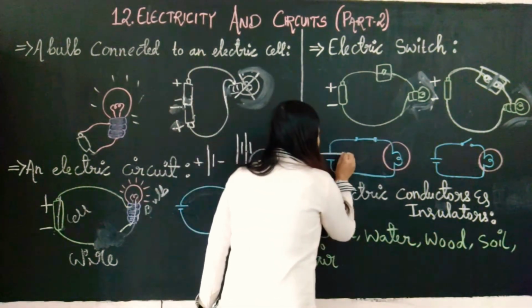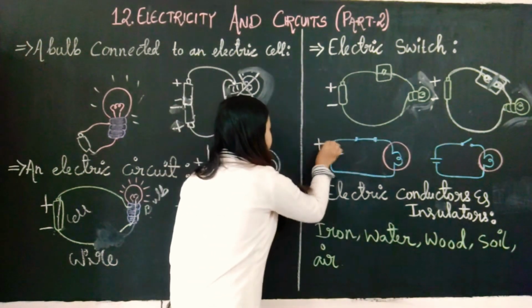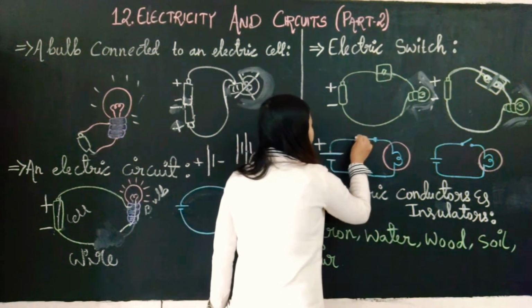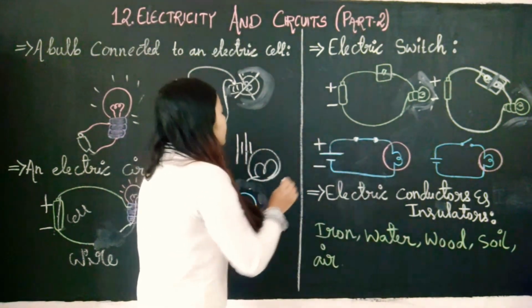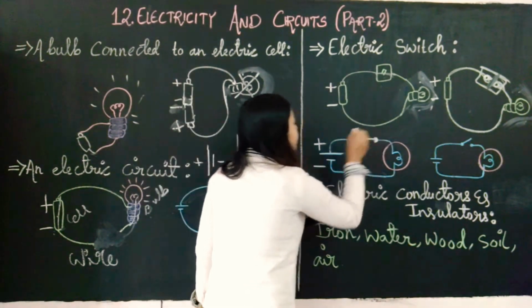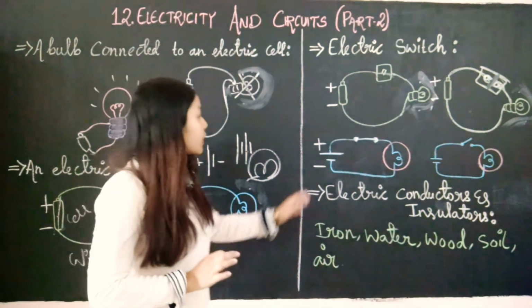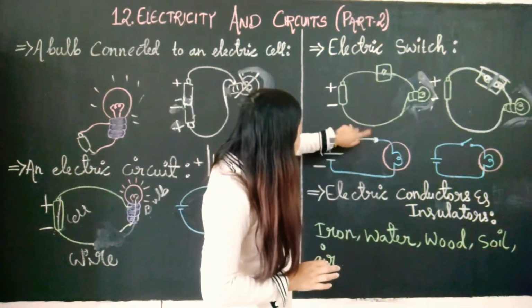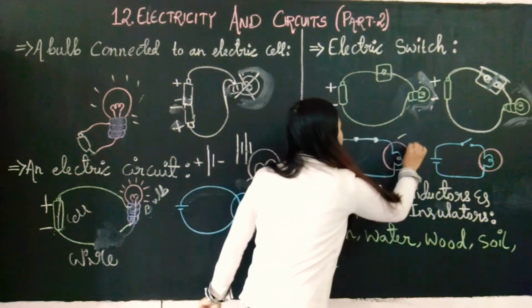So as we have discussed again and again, this is our electric cell, positive side and negative side. One side will be connected to a switch. Okay, this means a closed circuit or a closed switch, open switch. If we switch it on, it will connect these two points and the bulb will glow.